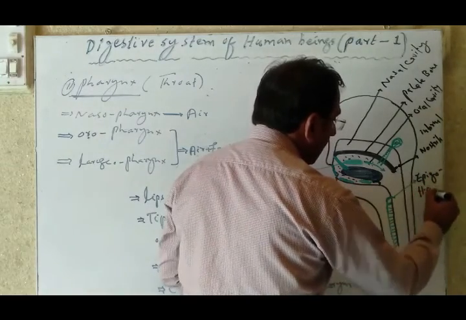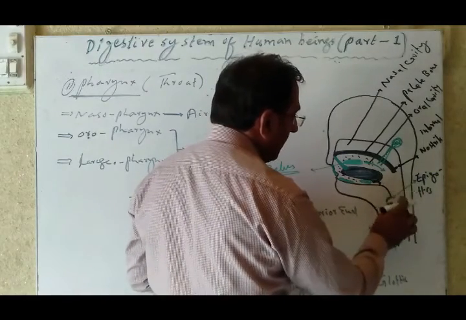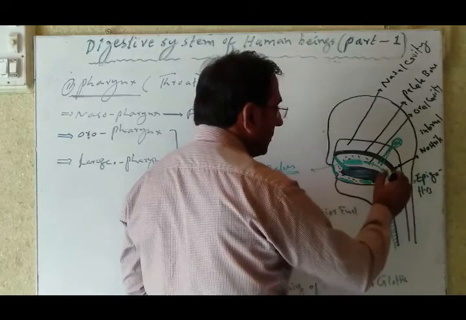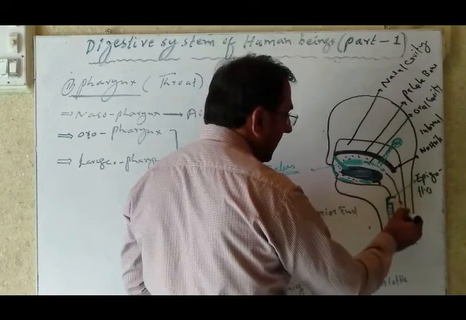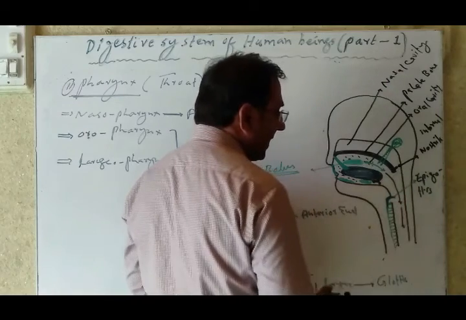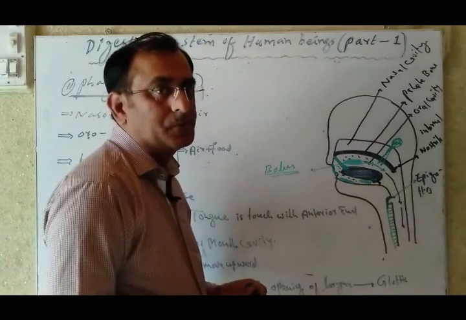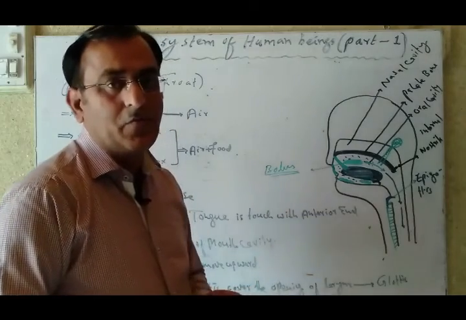This epiglottis covers the opening of the larynx, so food is diverted toward the next part of the alimentary canal known as the esophagus. So now we discuss the esophagus.